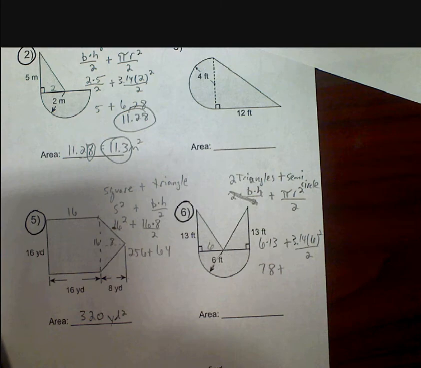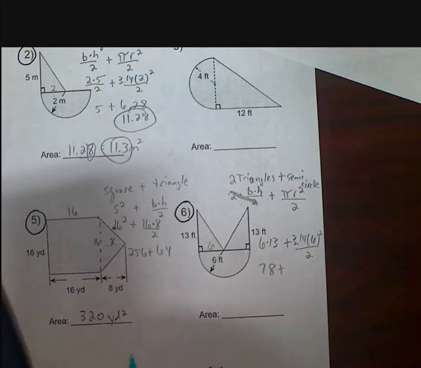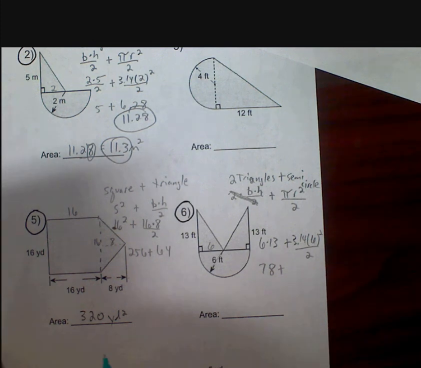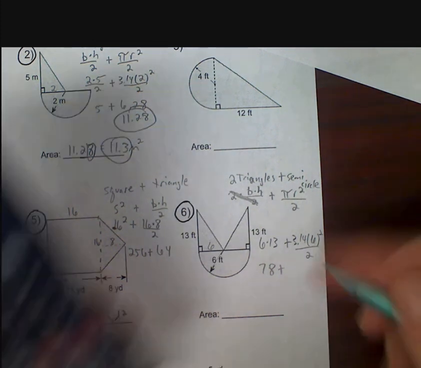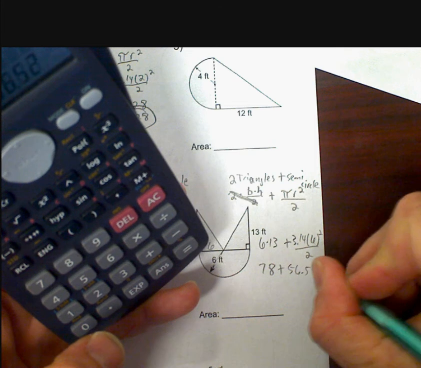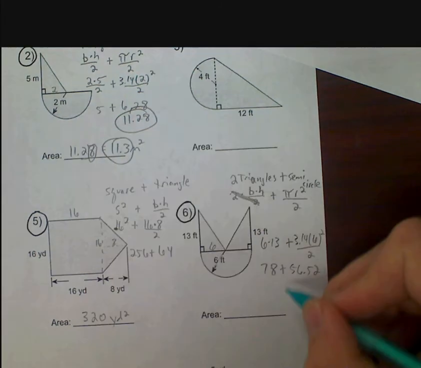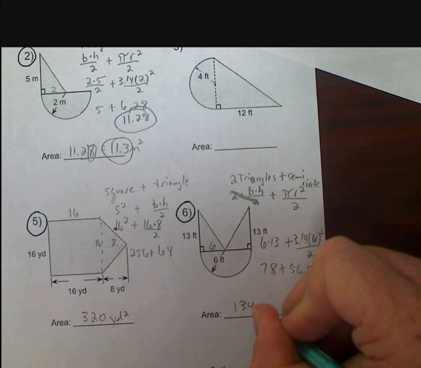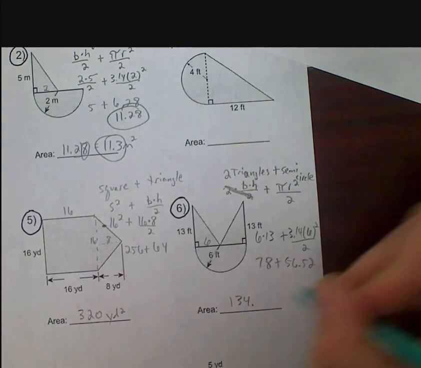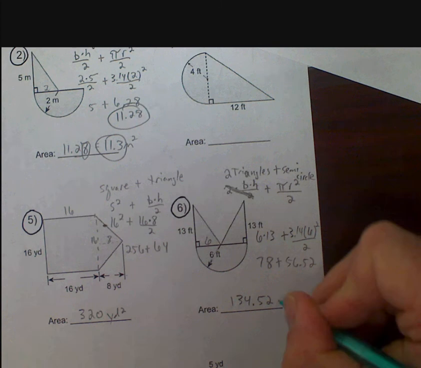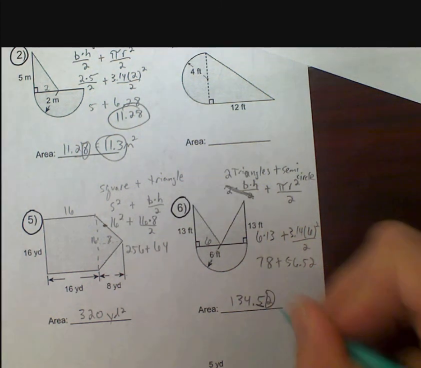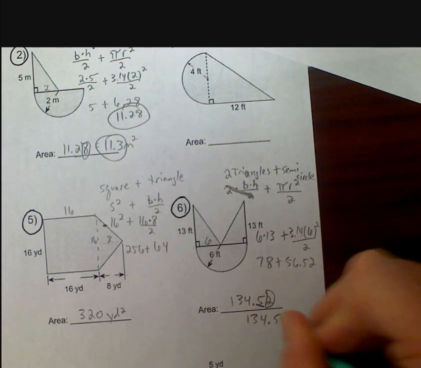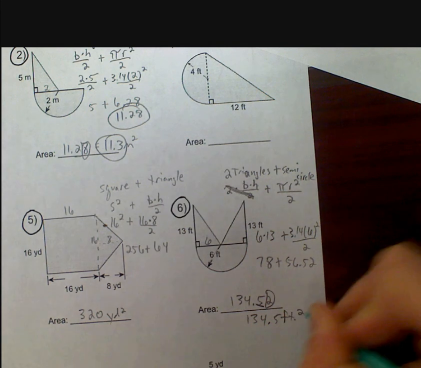And then 6 squared is 36. 36 times 3.14 divided by 2, I get 56.52. If I add this together, I get 134.52. If I need to round, the 2 makes the 5 stay, 134.5 feet squared.